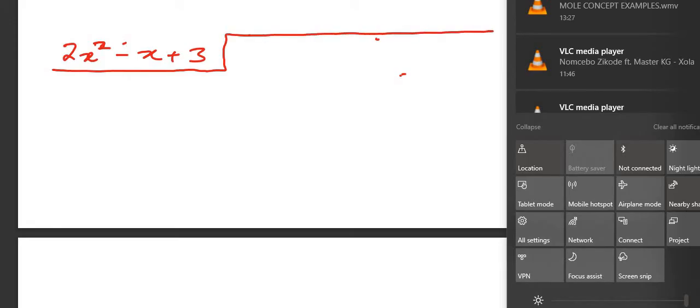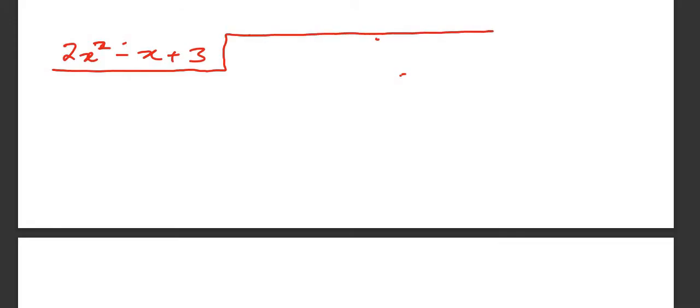But our polynomial is missing something. There is no x to the power 2 there. It's just 2x to the power 3. So we'll put a place value for that, which is x squared. Then we're going to say minus 10x. Then plus 24. Yes, always make sure that the powers of x are descending.